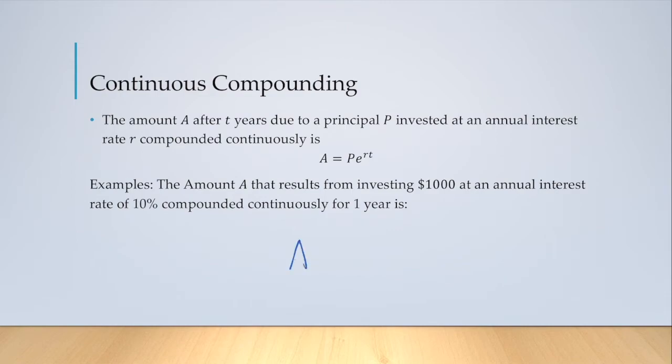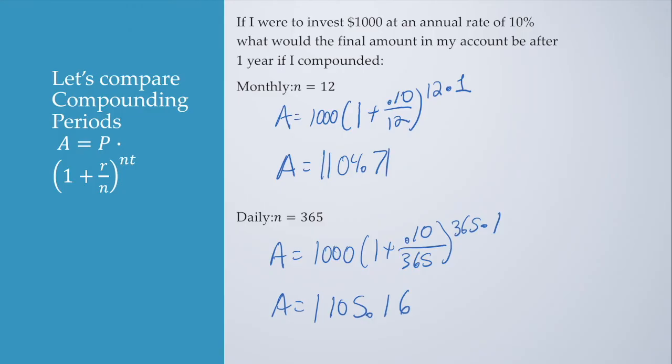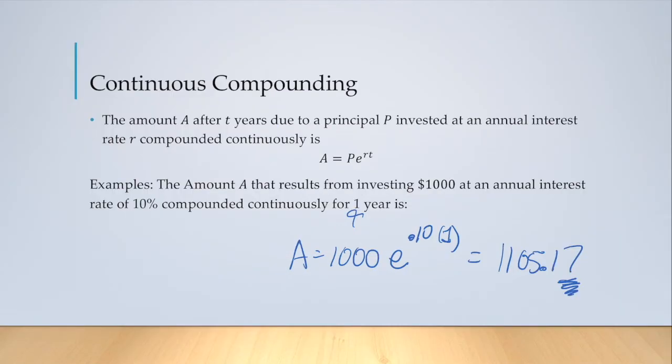So I have my amount, 1,000, times E to my rate, 0.10, times T, which is 1 year, and I'd get $1,105.17. That is only 1 cent more than if I compounded daily, when we had $1,105.16. Now that I'm compounding continuously, I get an extra penny.